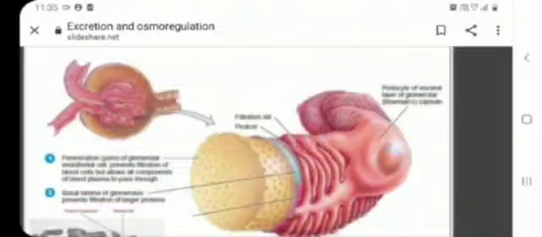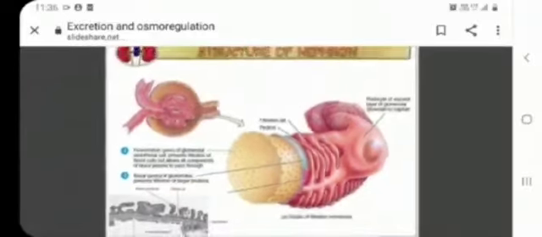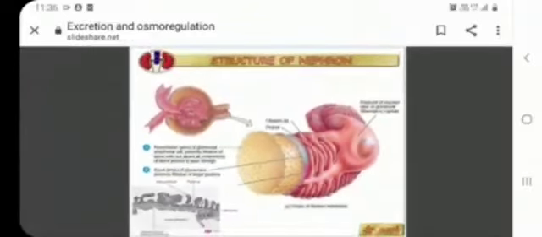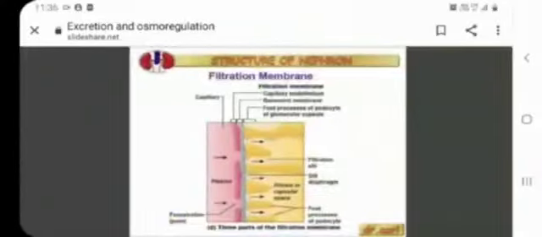Then there are the podocytes of the visceral layer of glomerular capsule. So it is through these pores or filter fenestration that the blood is passed through and the larger particles get filtered.